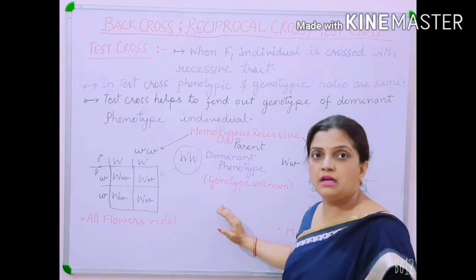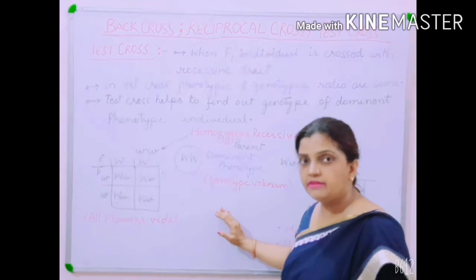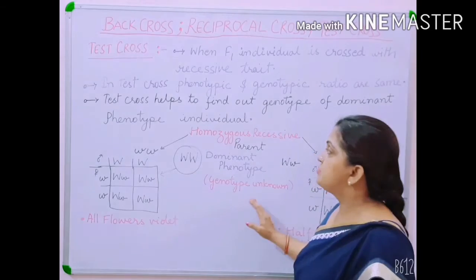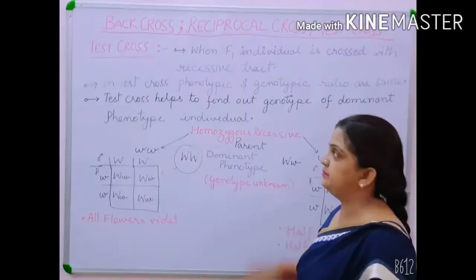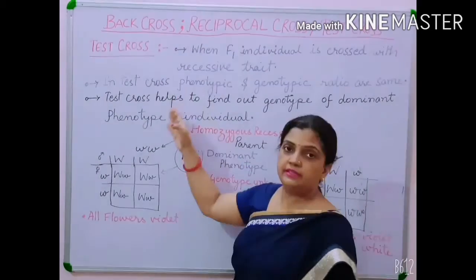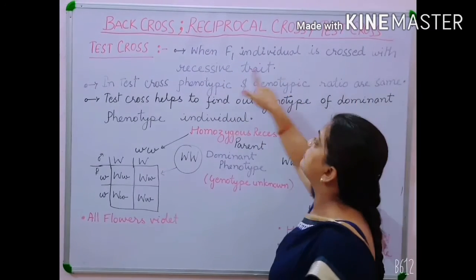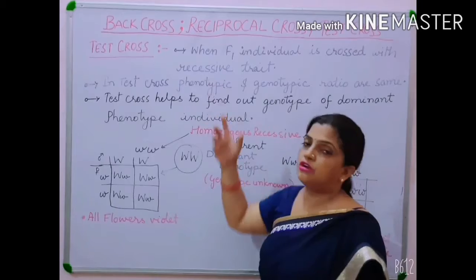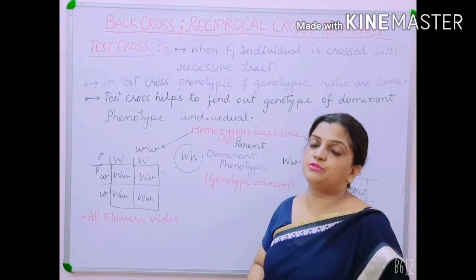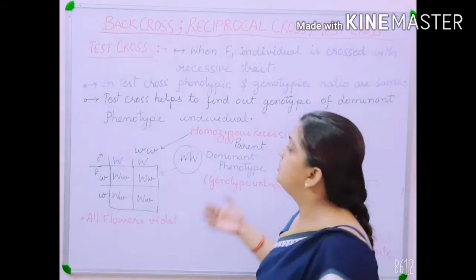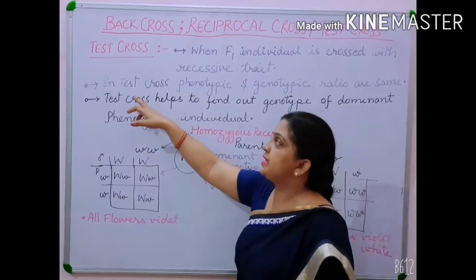This example has been taken from your NCERT book, page number 75, and it is very important for exam purposes. So here I will be taking this example. Theoretically it is mentioned that when an F1 individual is crossed with a recessive trait parent, that is a test cross. A test cross is a type of cross in which the F1 progeny is crossed with the recessive trait parent of the parent generation.